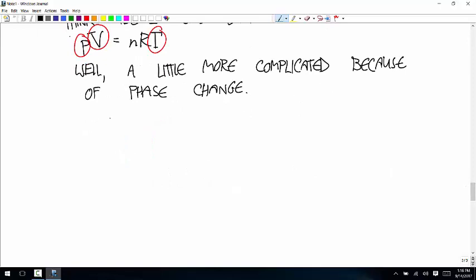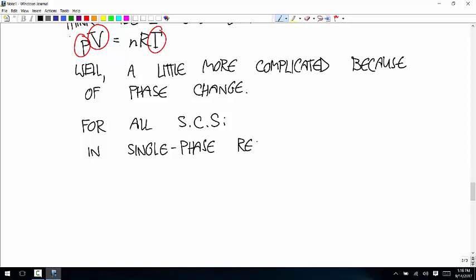And so here's what we know for all simple compressible substances. In the single phase regions, you can write pressure as a function of the volume and the temperature.